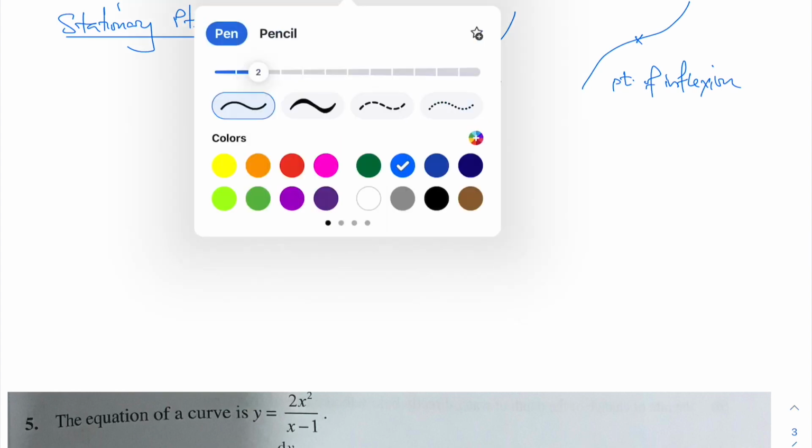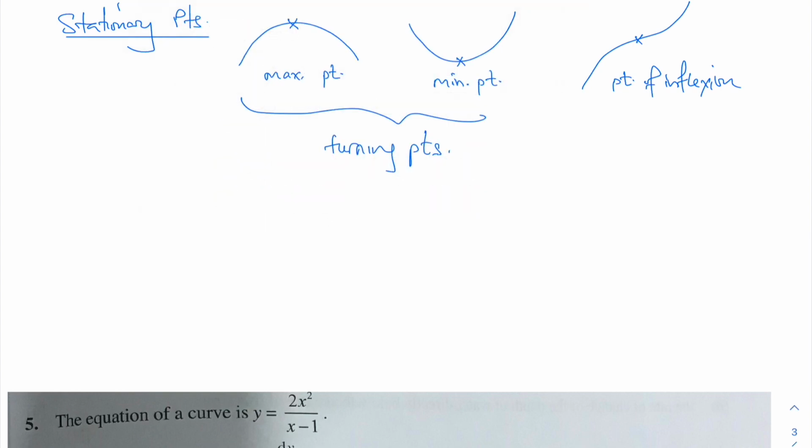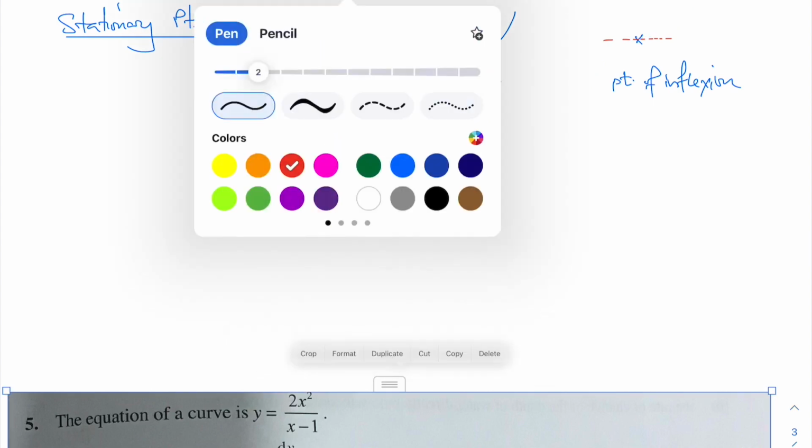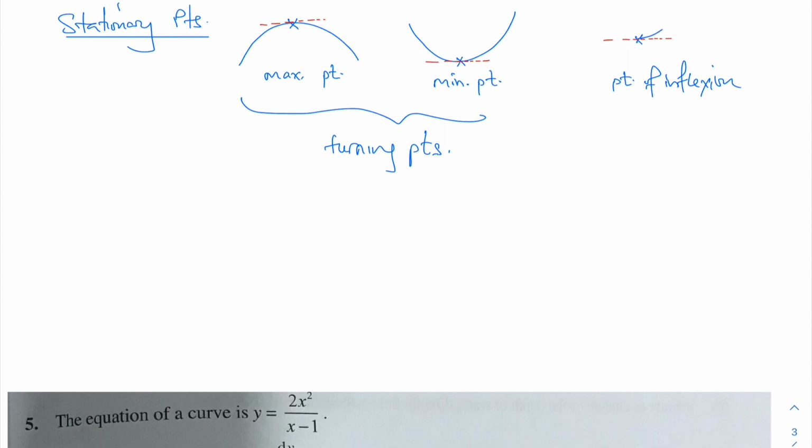If we draw a tangent to these points, the tangent would be a horizontal line. In fact, let me rephrase. The point of inflection doesn't look very good. It actually is more like that.